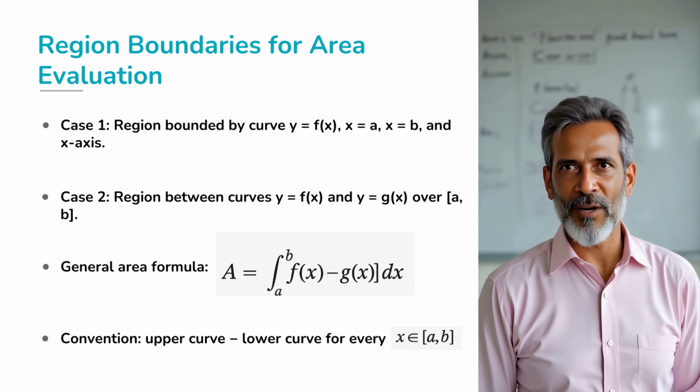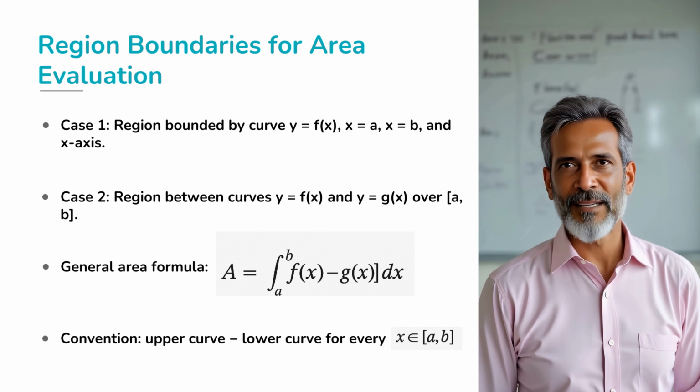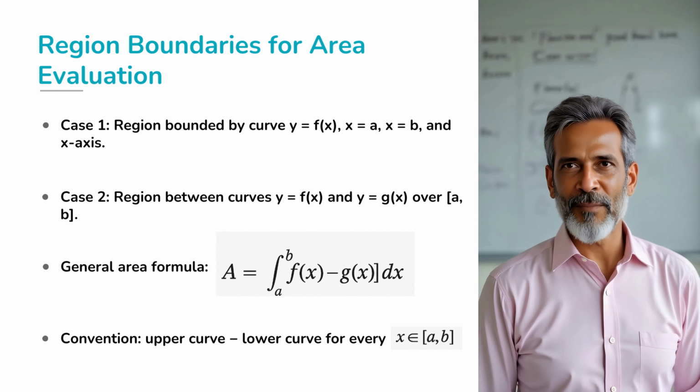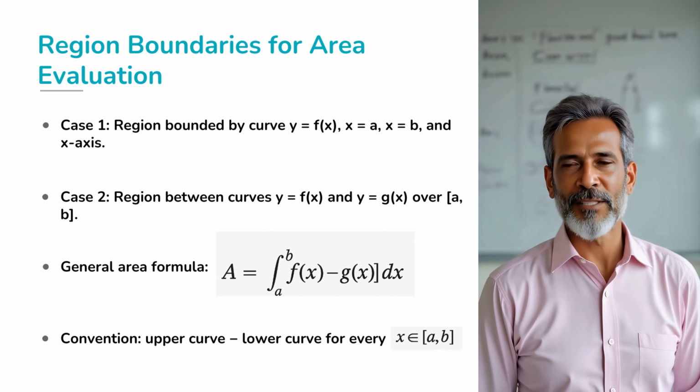The general formula is A equals the integral from a to b of [f of x minus g of x] dx, that is, subtract the lower curve from the upper curve. This convention is very important, always upper minus lower, otherwise you risk negative areas that don't make geometric sense.